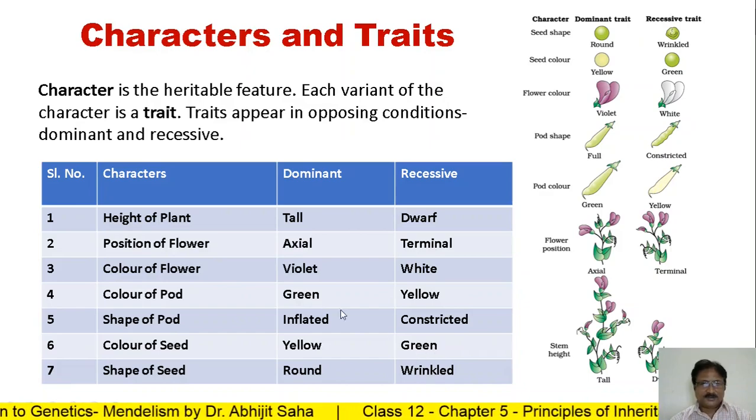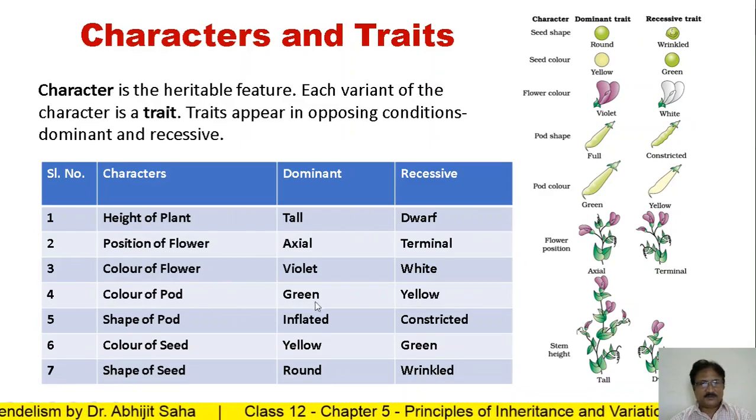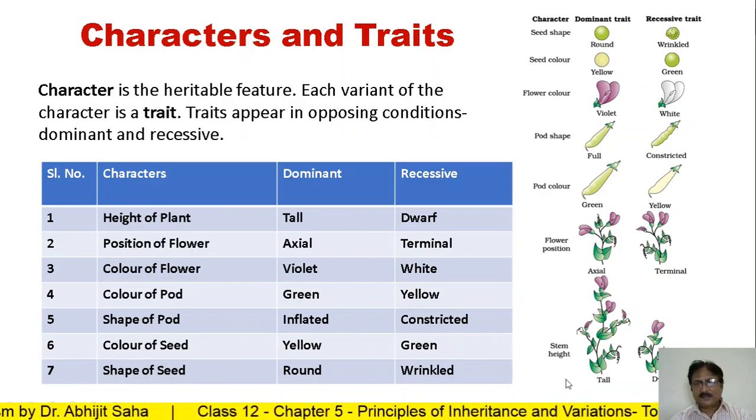So, color green in the pod or in the seed, their dominance and recessive traits are different. Green pod is dominant, whereas green seed is recessive. Otherwise, the remaining characters are easy to remember. There is no confusion on this.